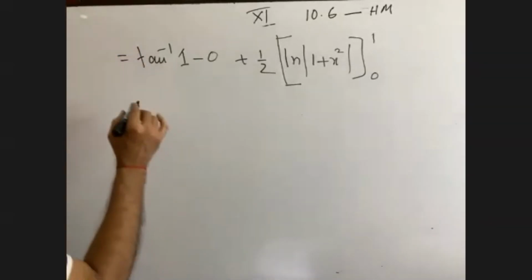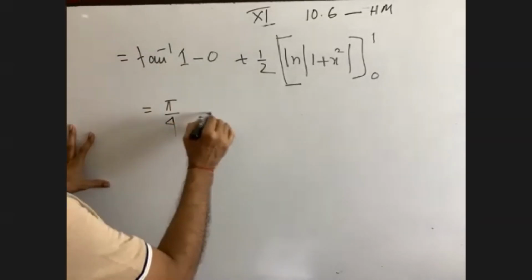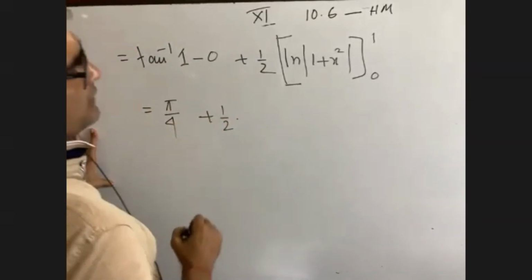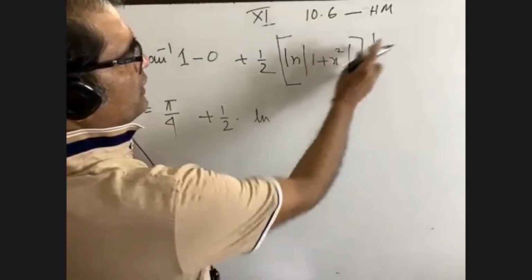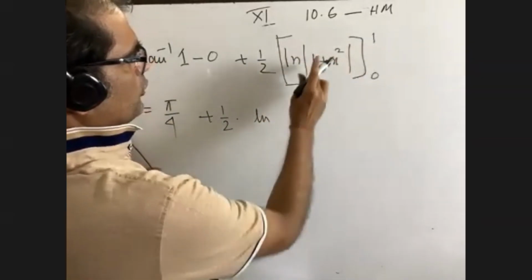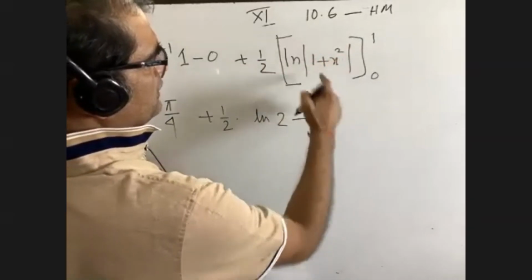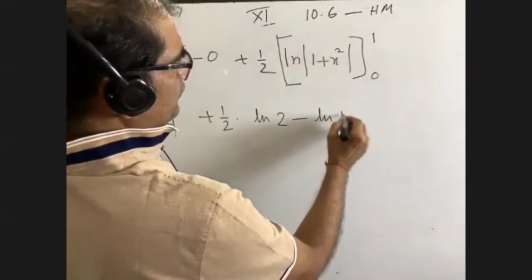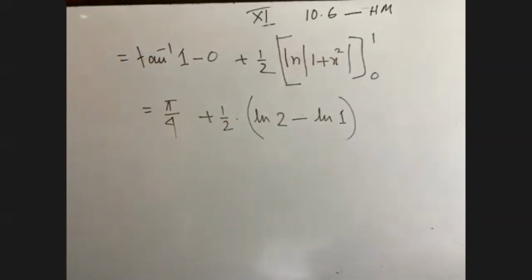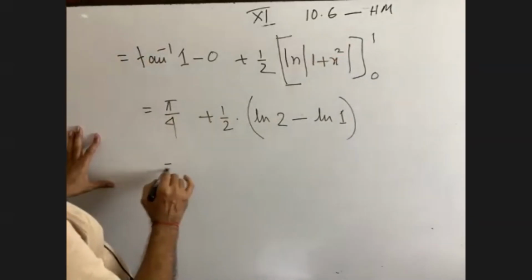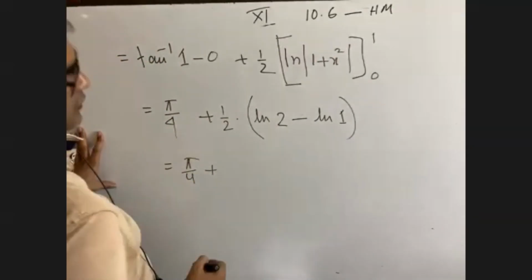Now let's calculate. It is pi by 4, as I told you for the previous math, plus half. Now you see, ln of 1 plus 1, the value of x is 1, ln 2, minus ln of 1 plus 0, that is ln 1. So pi by 4 plus half of ln 2 minus ln 1, which is 0.